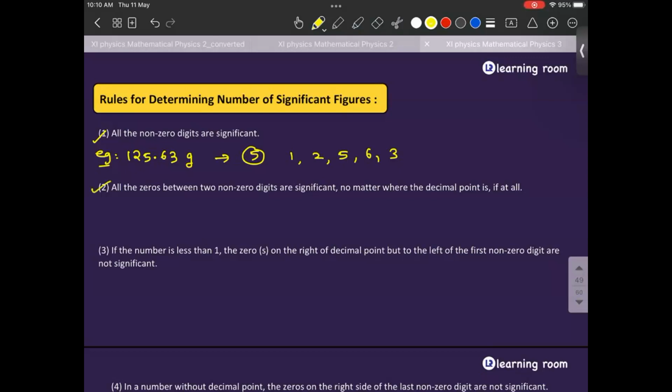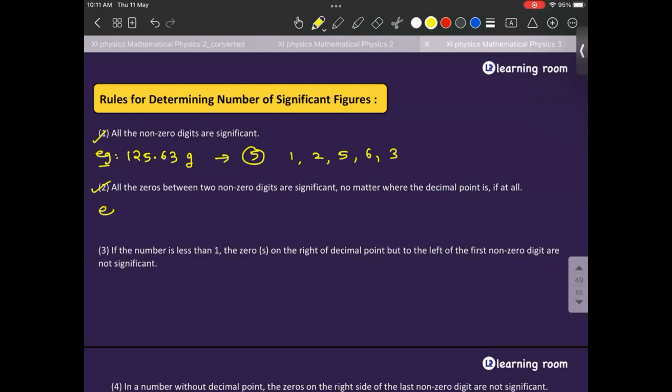Second, all the zeros between two non-zero digits are significant no matter where the decimal point is. If I have a measurement where a decimal exists or not, but I have zeros between two non-zero digits, those zeros will become significant.